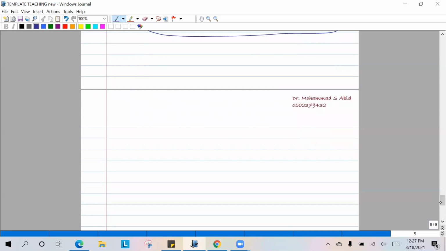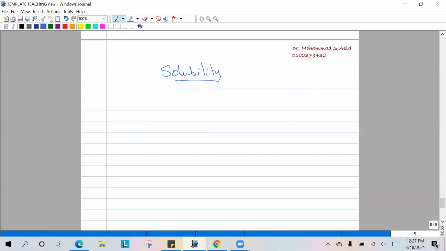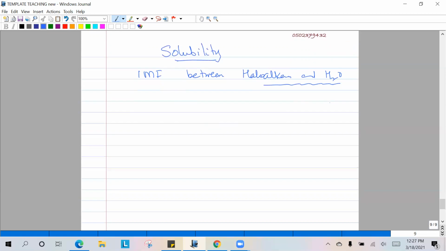Then the solubility. When you're talking about solubilities, you are talking about the intermolecular force between the haloalkane and water, so you need to look at the intermolecular force between them.